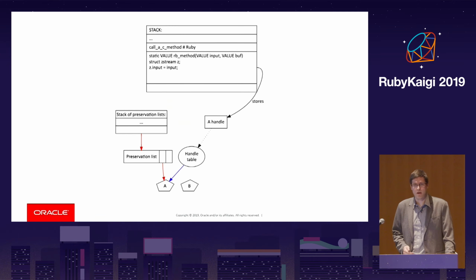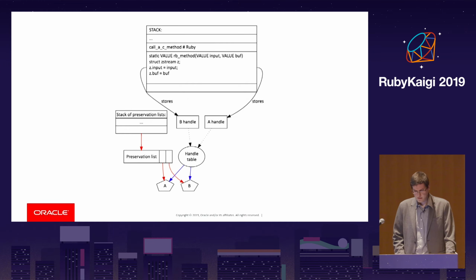We put that into the handle table, and we made a change so that the handle table only references the managed objects weakly, so the handle table no longer prevents garbage collection, but we put this object into the preservation list. If there is another assignment, again it's converted and added to the preservation list.